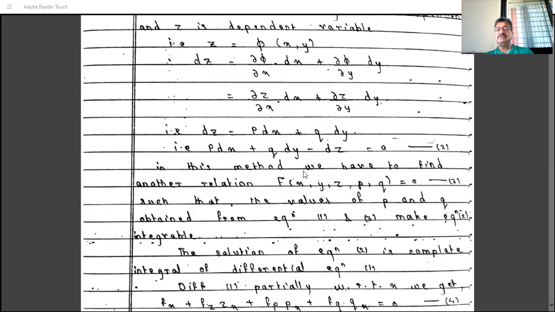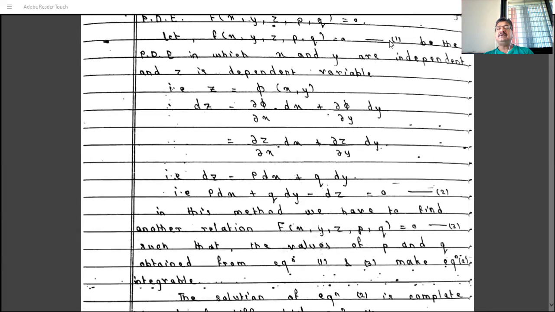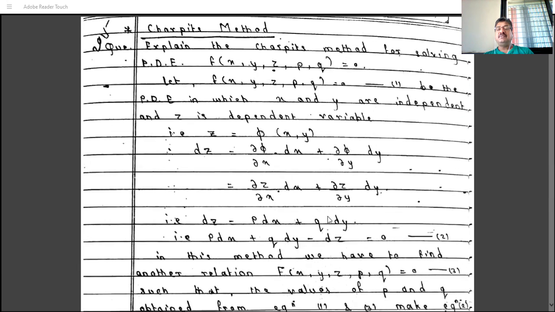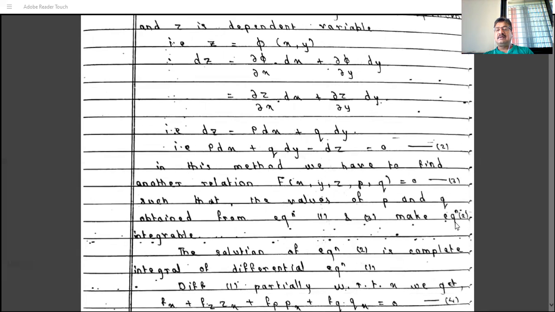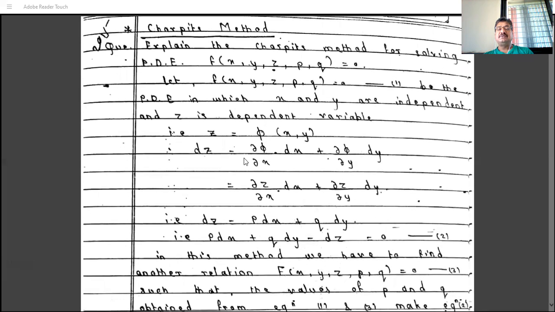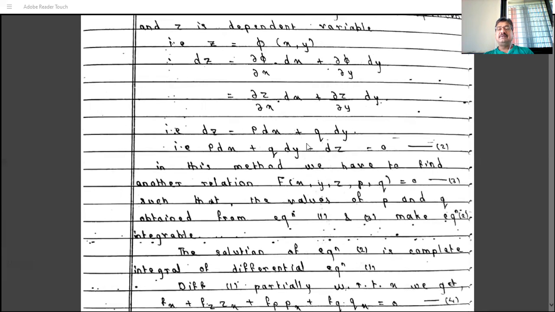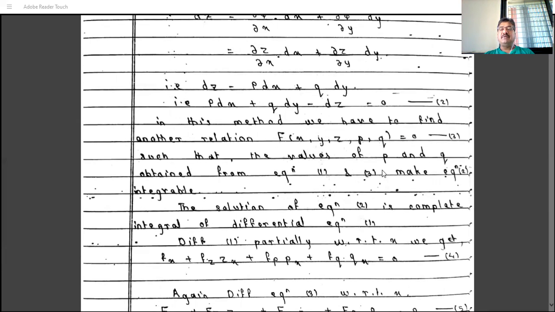We have to find this new relation F(x, y, z, p, q) = 0 in such a way that the values of p and q obtained by solving equations 1 and 3, when substituted in equation 2, make equation 2 integrable.